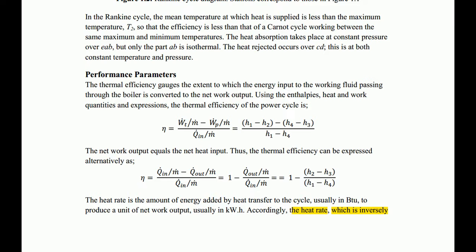So this is all about the basic concepts and the overview of Rankine cycle. In the next video inshallah I will clearly explain the detailed parameters involved in increasing the efficiency of Rankine cycle. Thank you.